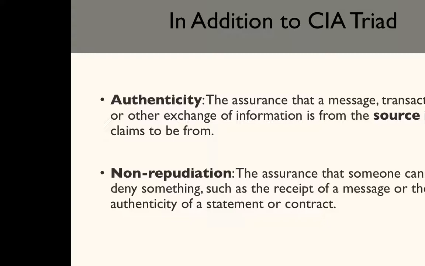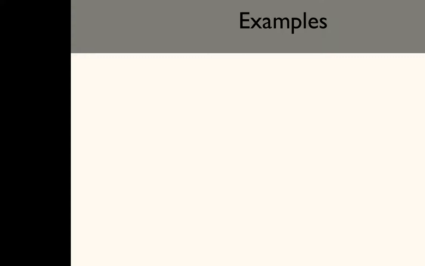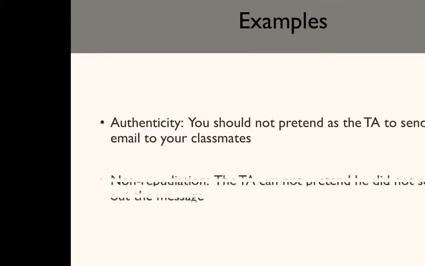And non-repudiation means the assurance that someone cannot deny something, such as the receipt of a message or the authenticity of a statement or contract. I will use the same classroom example to help you understand this. Obviously, authenticity means you cannot pretend to be a TA to send an email to your classmates.